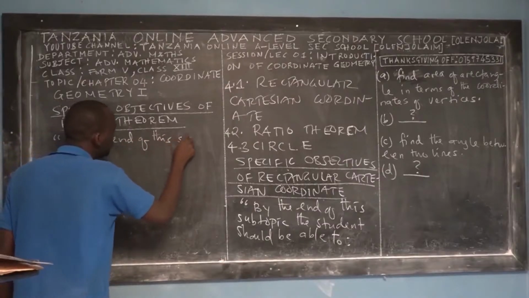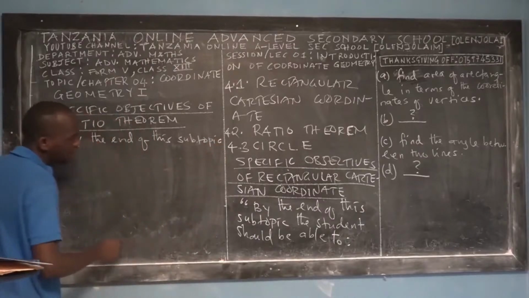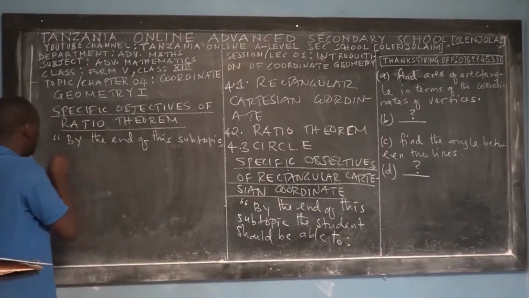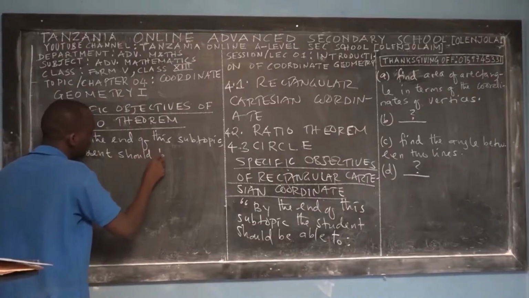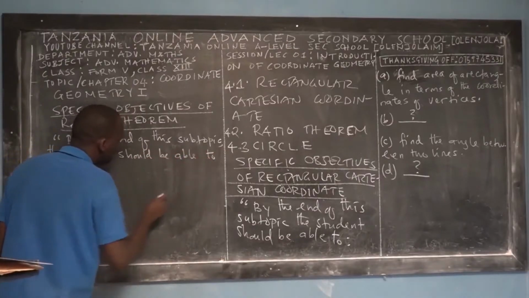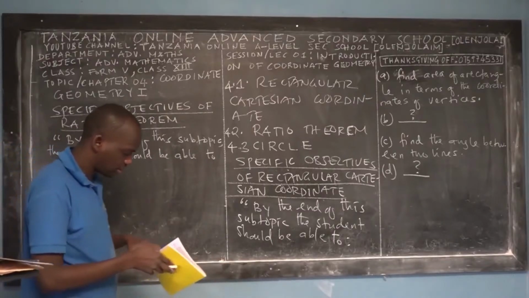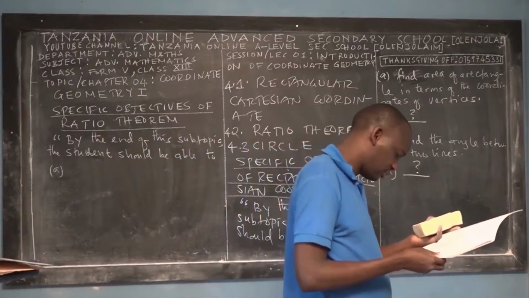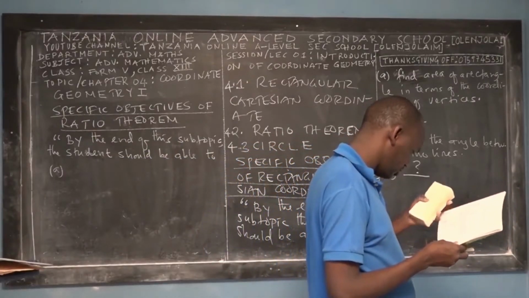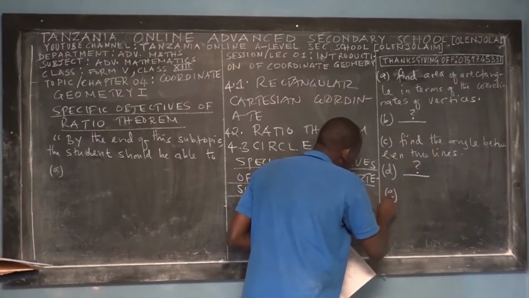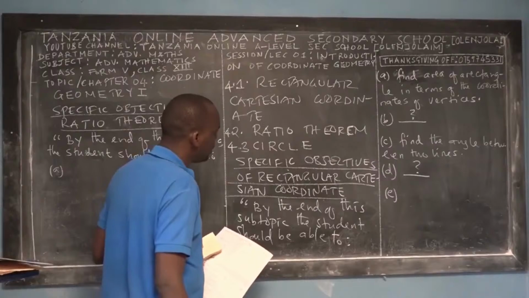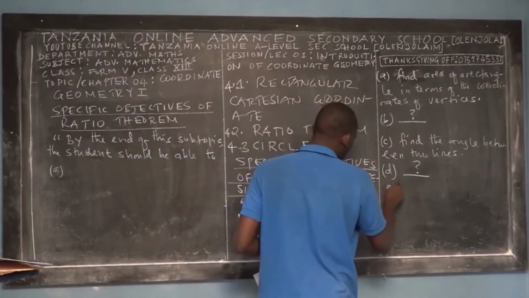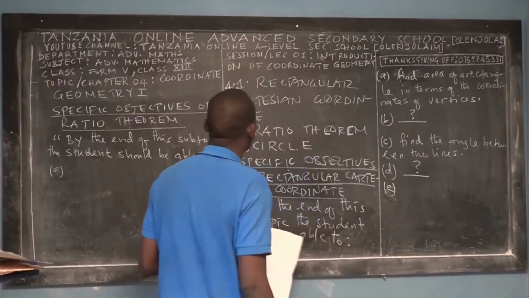By the end of this subtopic, the student should be able to. In this, there are 6 specific objectives that the student has to achieve at the end of rectangular Cartesian coordinates.